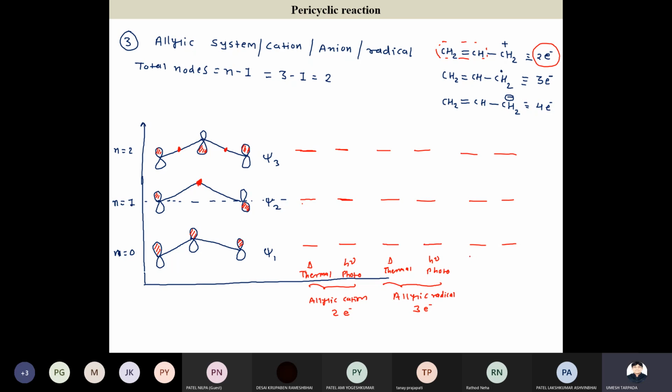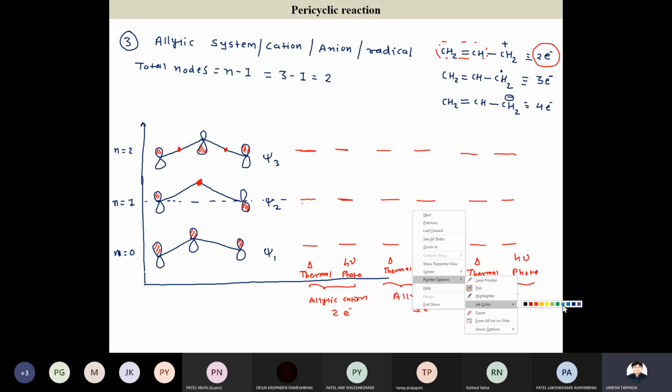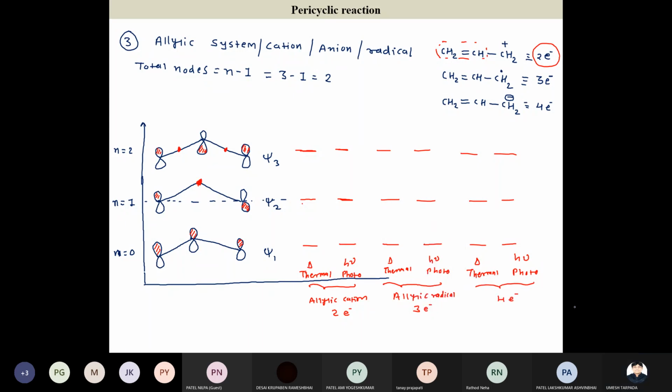Let's go, next is allylic anion. How many electrons are there in thermal and photochemical? 4 electrons. Okay, so in the first case you can have 2 electrons and both the electrons are accommodated in psi 1.